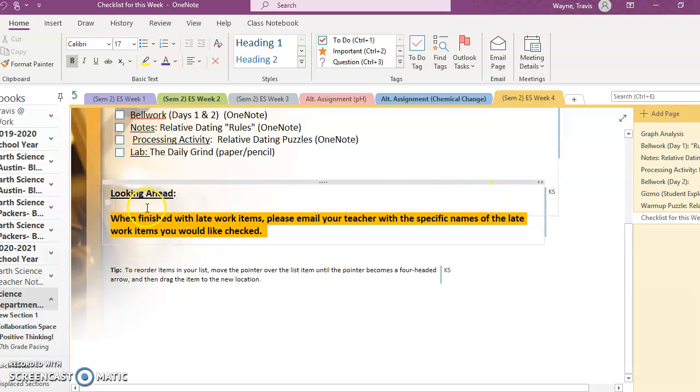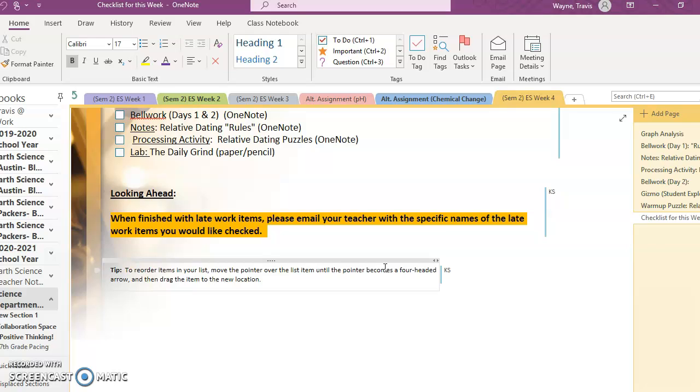The final thing is if you turn in any late work items, please email your teacher with the specific name of the item that you just turned in. As we have mentioned before, when you complete things on OneNote, it does not notify us. Therefore, we do not know if you have done it or not.